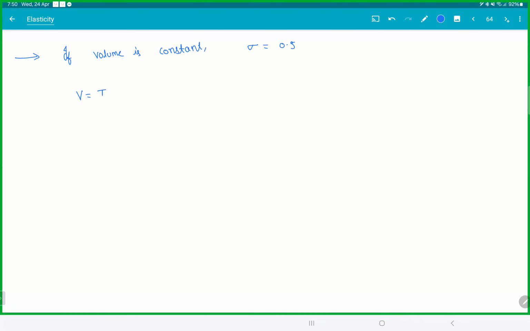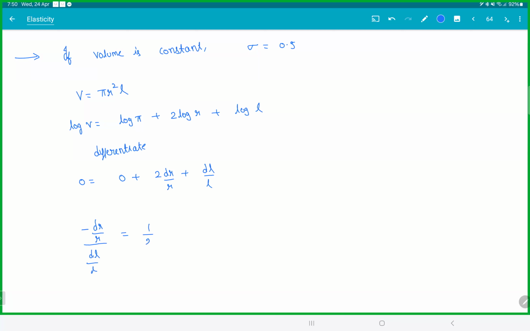The volume of a cylinder is pi r square L. Put log on both sides: log V equals log pi plus 2 log R plus log L. Differentiate: 0 equals 0 plus 2 dr by r plus dl by l. So we get minus dl by l over dr by r is half, which is nothing but the Poisson's ratio. So sigma equal to half indicates the volume is constant.